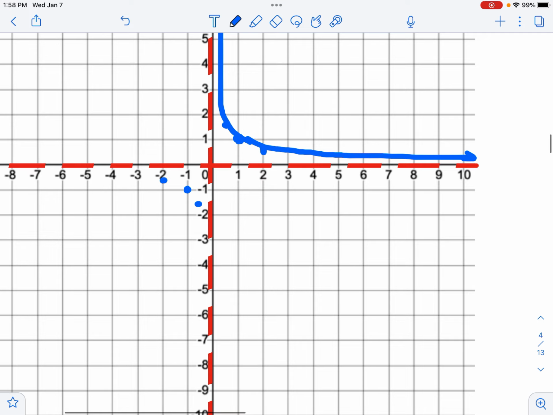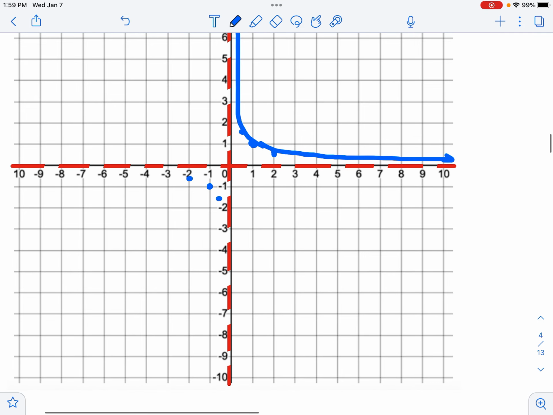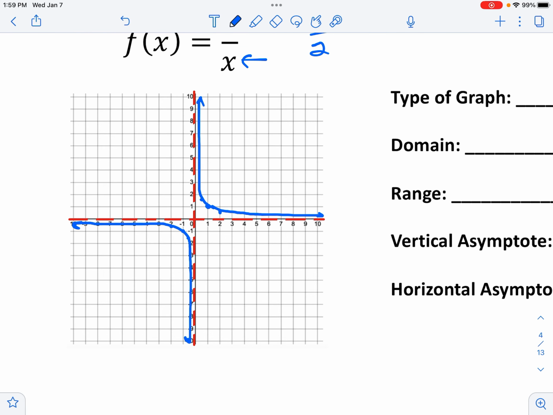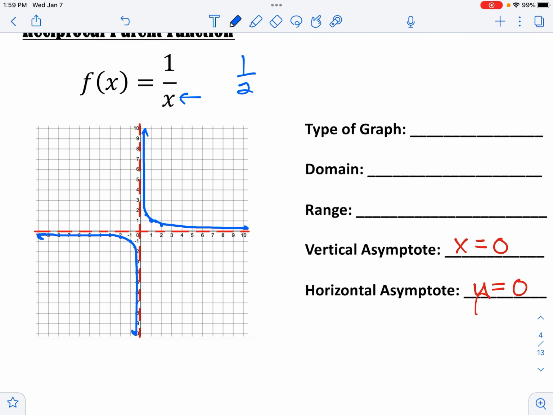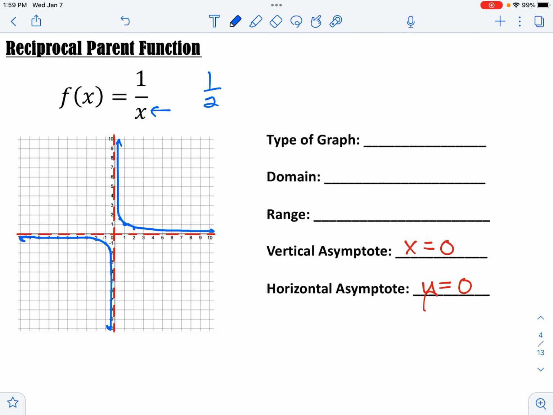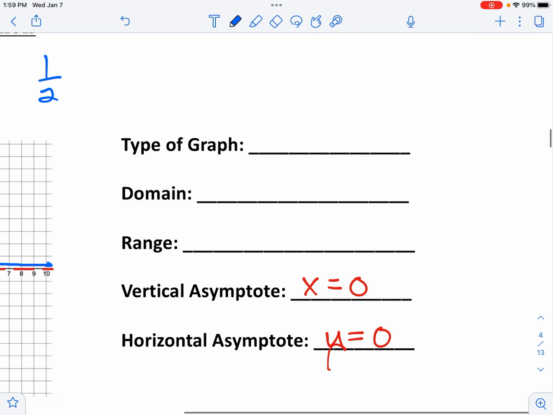Okay. And then I have another branch that just kind of goes. So this is not a continuous function. There is a break in it. So this is called, the name for this type of graph is called a hyperbola. So I'm going to write that in here.